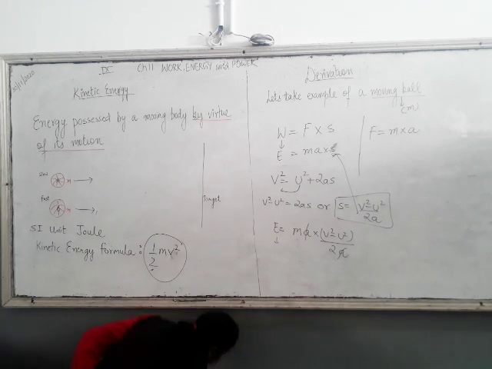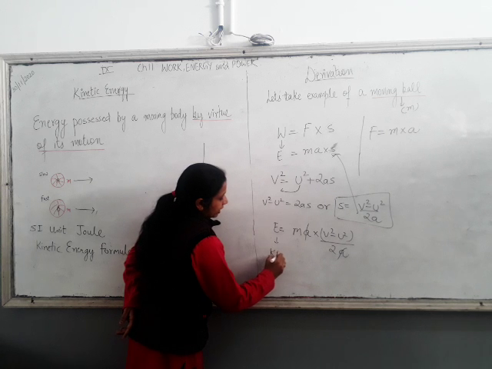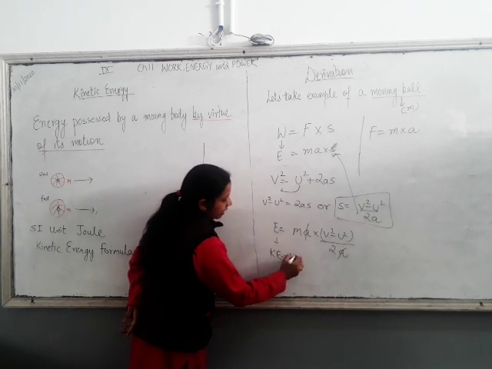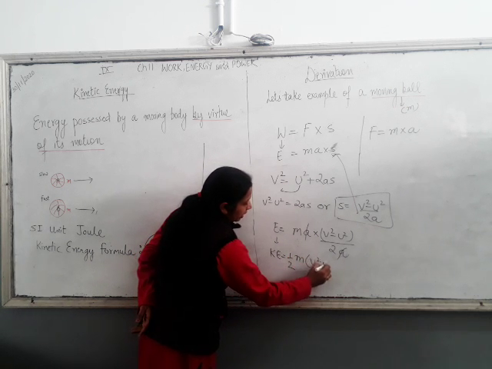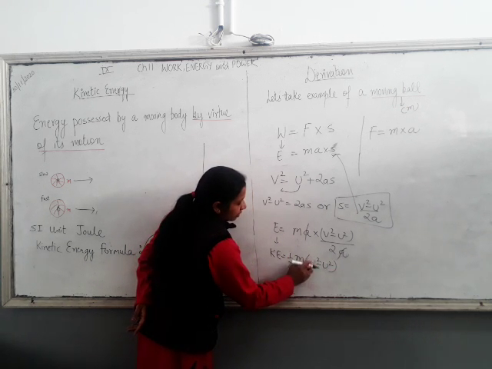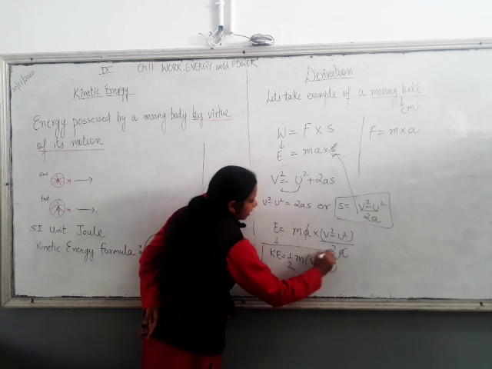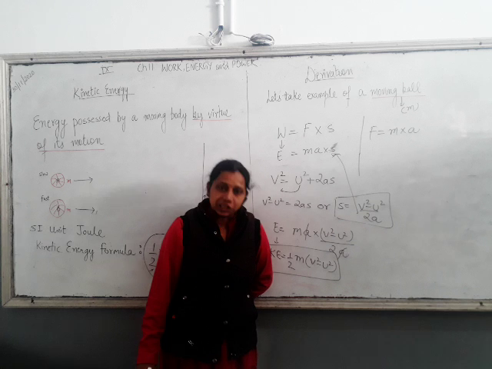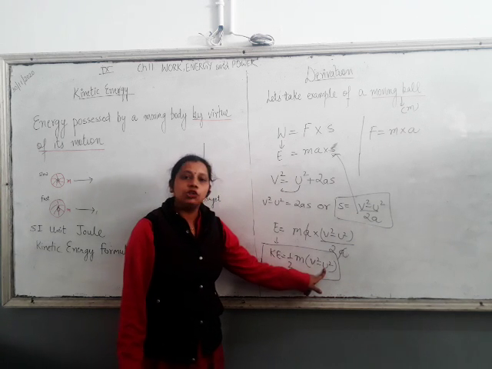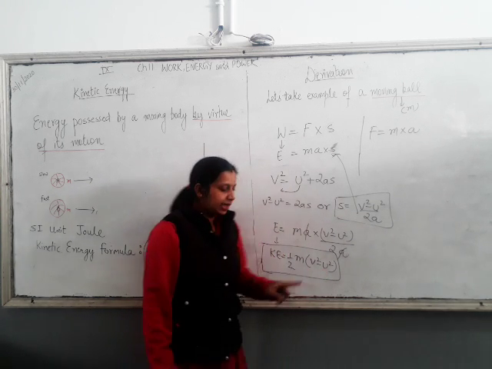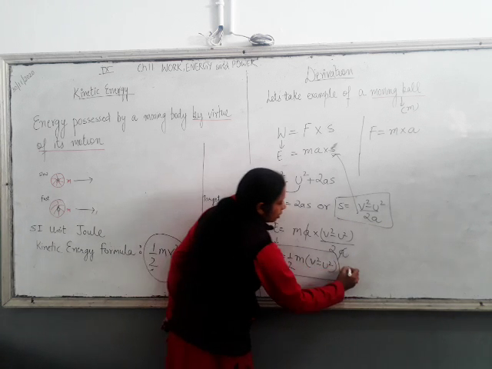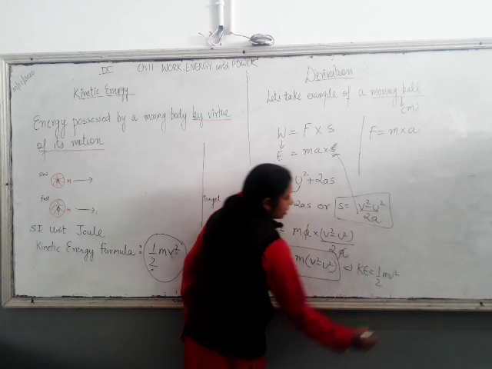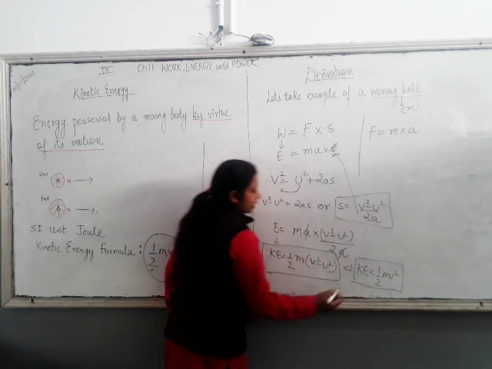So kinetic energy is equal to one half m times v square minus u square. This is your kinetic energy formula. If we assume the object is starting from rest, then you can take u as 0. In that case, kinetic energy is half m v square. So this is your formula of kinetic energy.